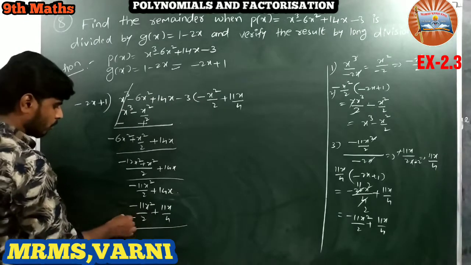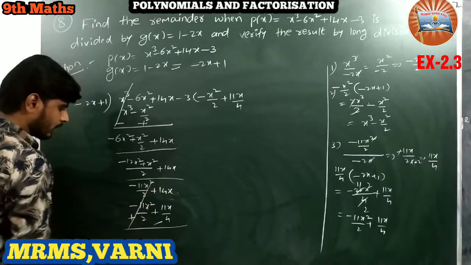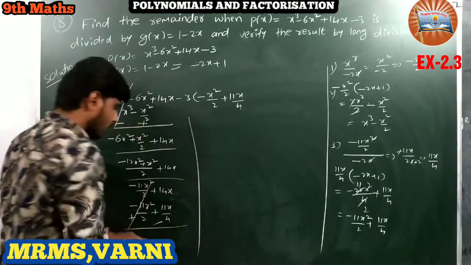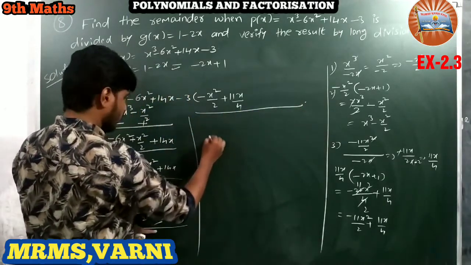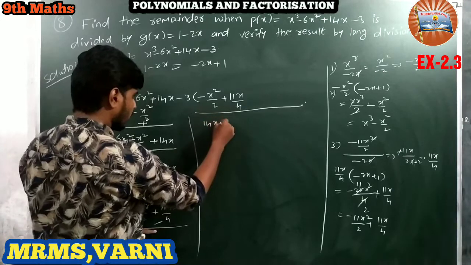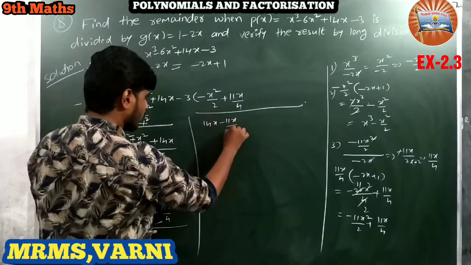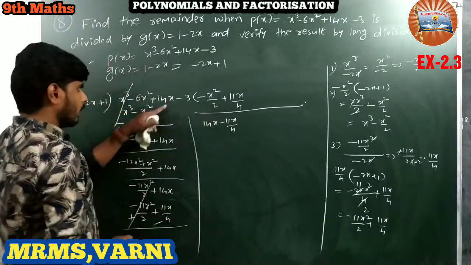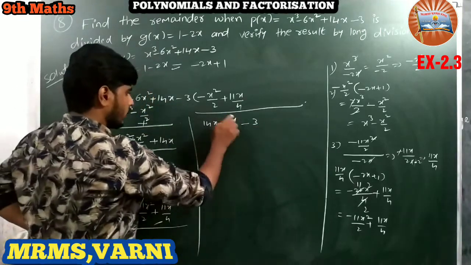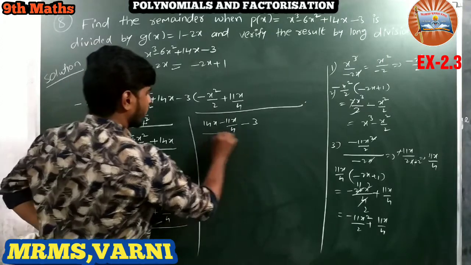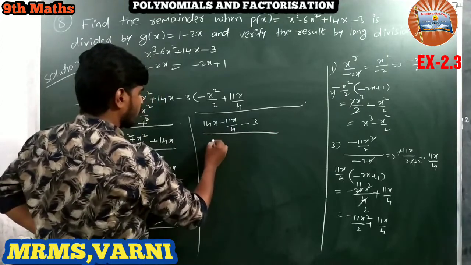Okay. So plus minus these two gets cancelled. So I am writing the remainder here. What is the remainder here? 14x minus 11x by 4. Okay. And take this minus 3 here. So we have to simplify this first, then after we go for the next step. So what is this?